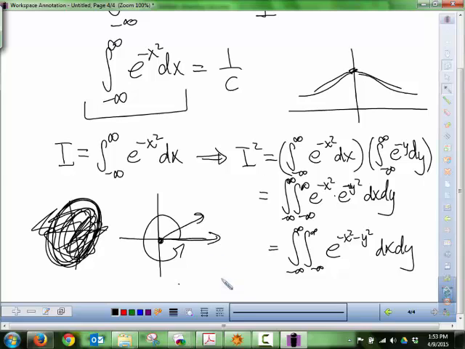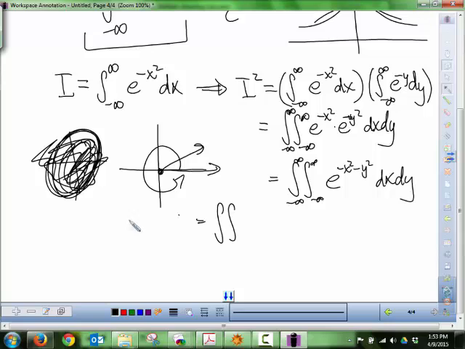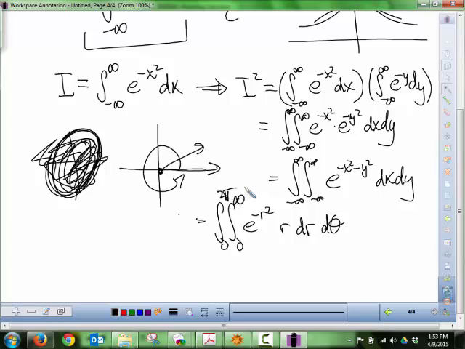So we can rewrite this in polar coordinates as a double integral of e to the negative r squared. x squared plus y squared becomes r squared. And then the dx dy becomes what? r dr d theta. So the dr goes from 0 to infinity. The d theta goes from 0 to 2 pi.